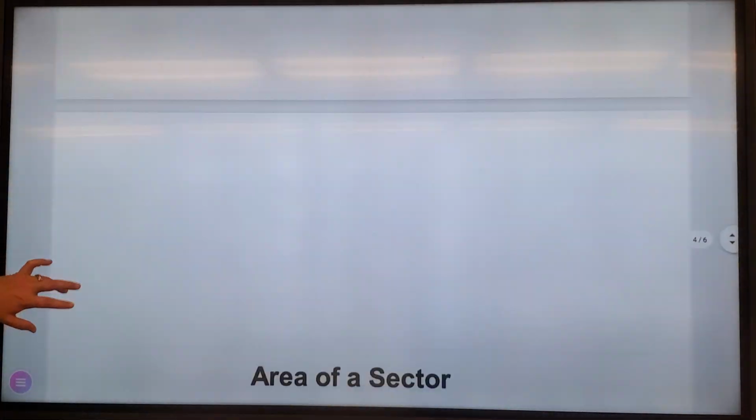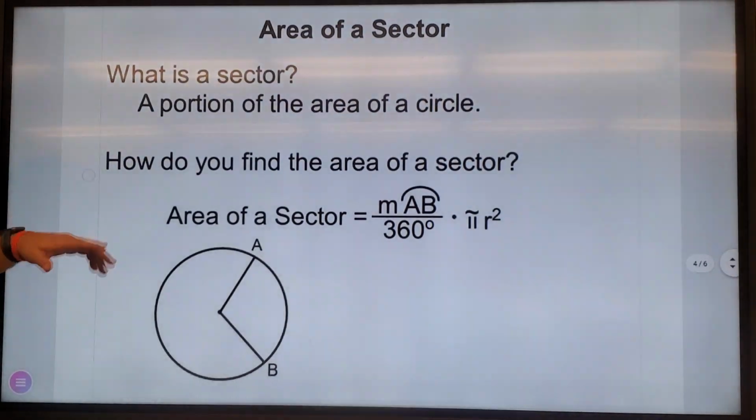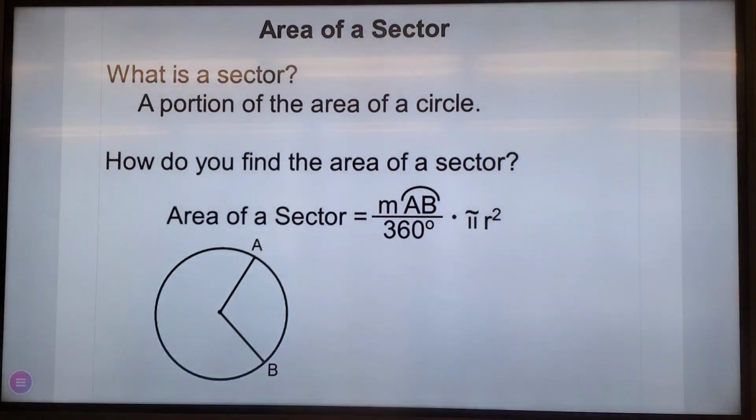Continuing on to now the area of a sector. This equation should look very familiar. Okay. In the previous lesson, I did the circumference and the arc length. This equation should be almost identical to arc length, right? The area of a sector is equal to the measure of AB over 360.